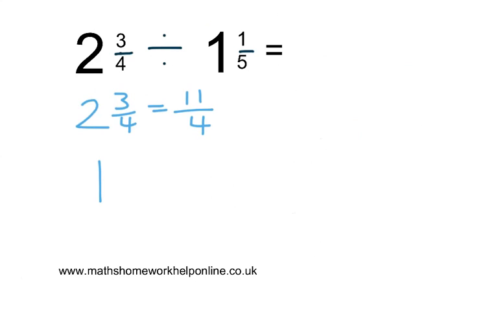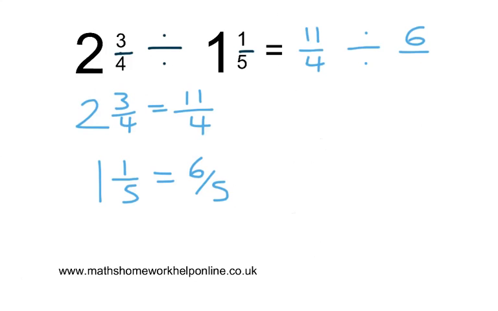Then do the same to 1 1/5. So 1 times 5 is 5, plus 1 is 6, so that's the same as 6/5. So we can rewrite this as 11 over 4 divided by 6 over 5.